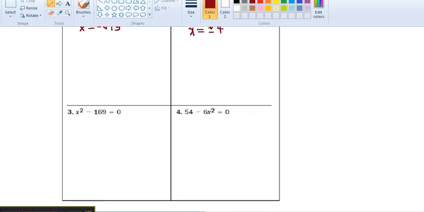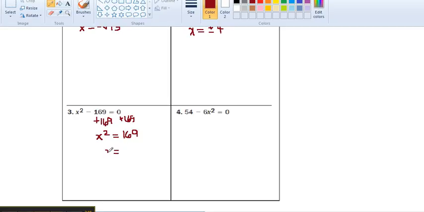Number 3. Okay, now we're going to do a little bit of solving here because we want this x squared by itself. So think about what you have to do. You got to add 169 to cancel those out. So let's add 169 over here. And it comes to 169 on the right side, and all that's left on the left side is this, and that's kind of nice because now we're saying what number times itself is 169.